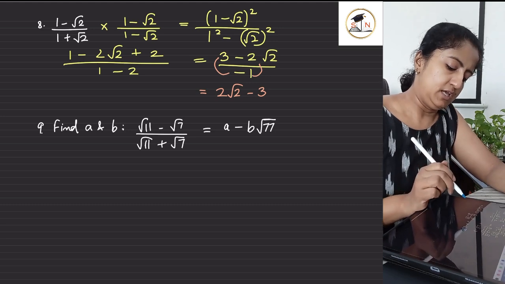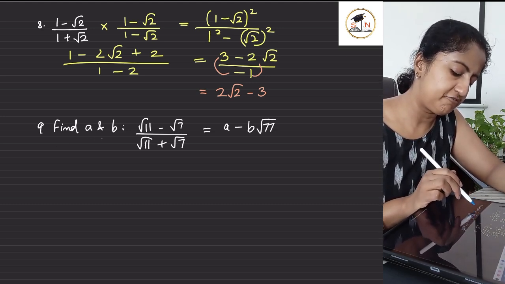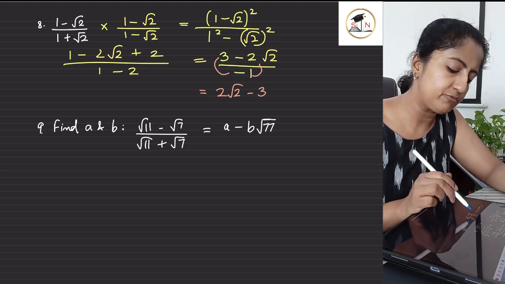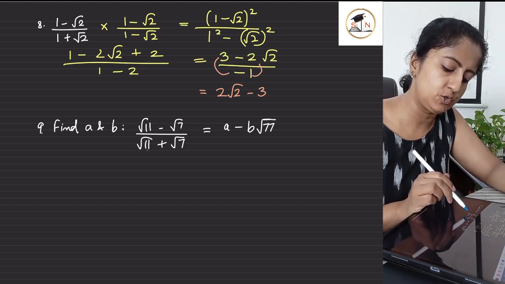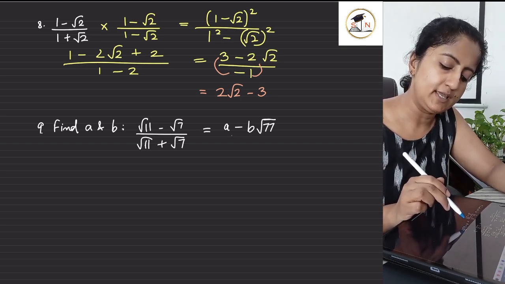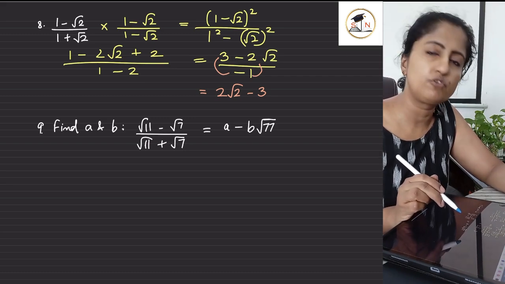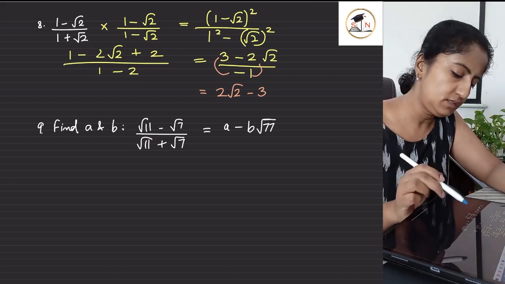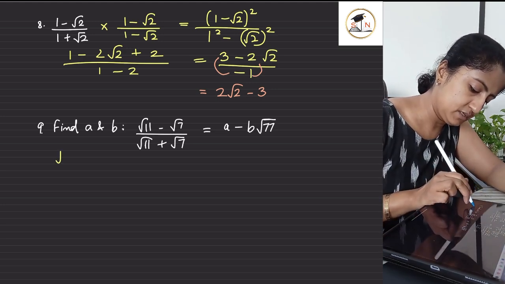Okay. Now, the last question of this video, they have asked to find a and b. What we have is root 11 minus root 7 divided by root 11 plus root 7, and it has been equated with a minus b root 77. They have asked to find the values of a and b. So we will start with the normal rationalization process.